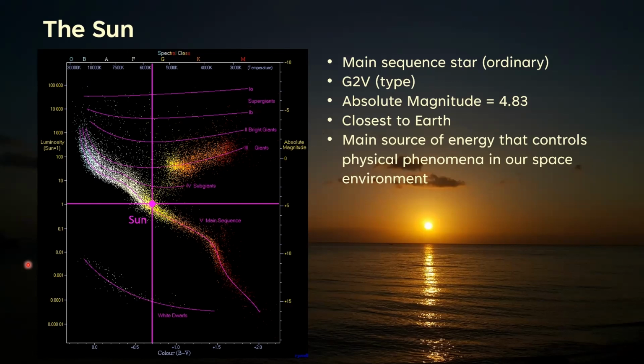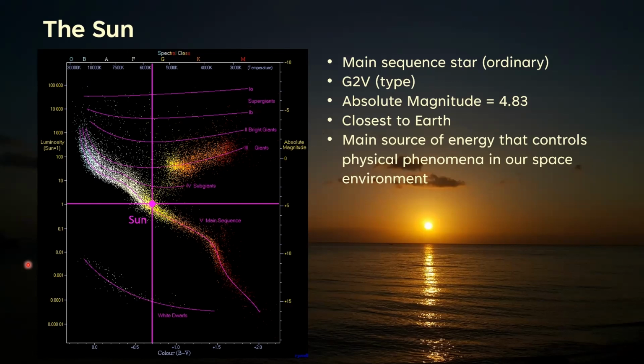But most of what happens in the space environment can be traced back to the sun. What happens to the sun will have a direct effect on what's happening on the Earth.